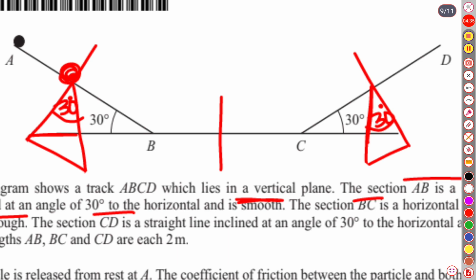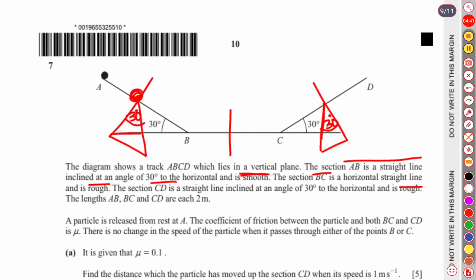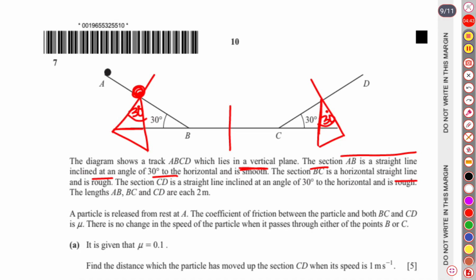As we have seen, the sections BC and CD are rough. Look at this, except AB, which is smooth, BC and CD are rough. As they are rough, first of all we will have to find the normal reaction force.